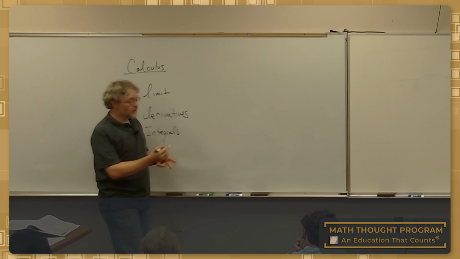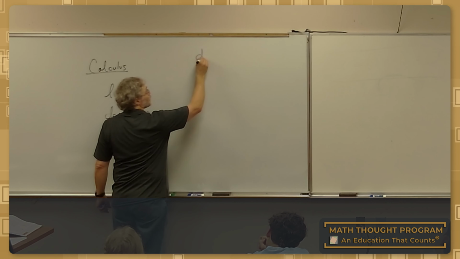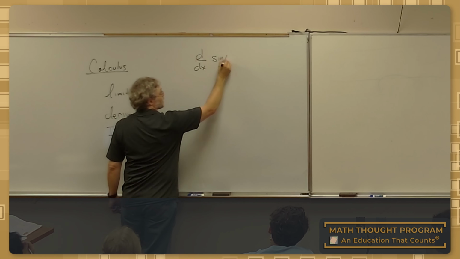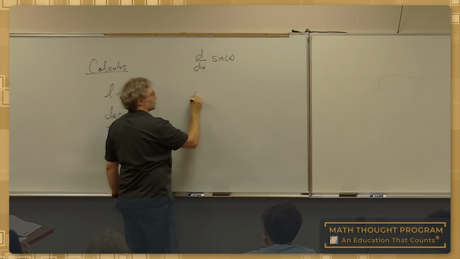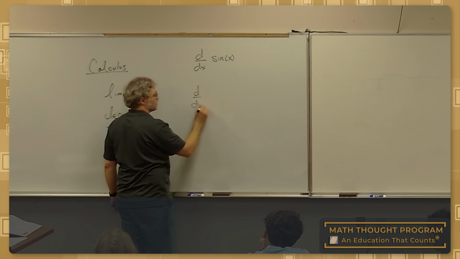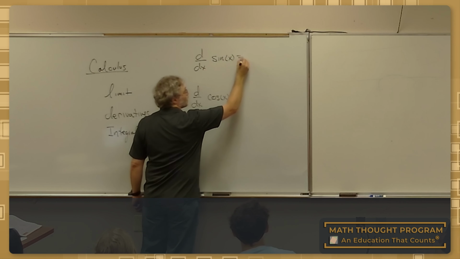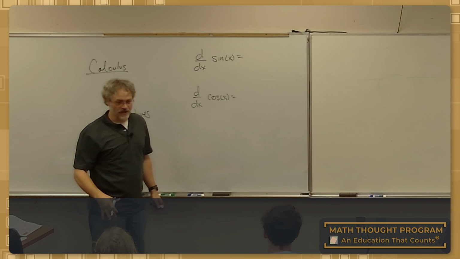Now, whenever I'm taking a derivative of some particular function, the derivative of sine of x, or the derivative of cosine of x, again, a derivative measures the rate of change.